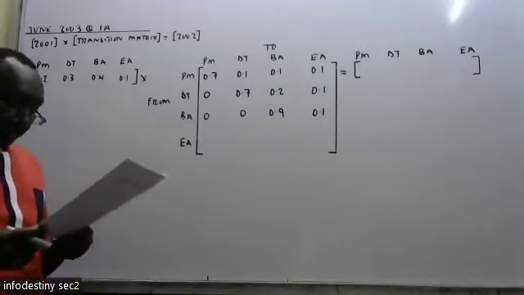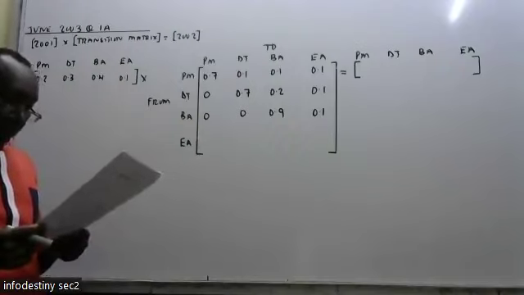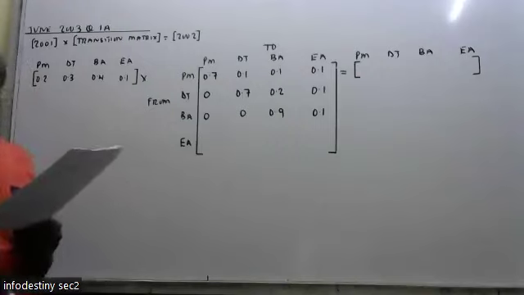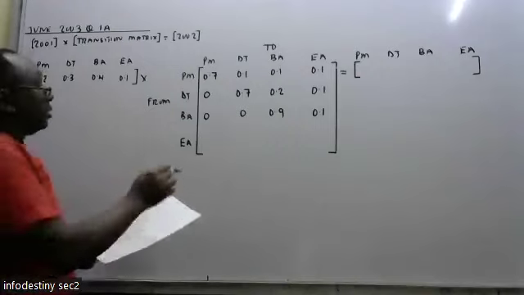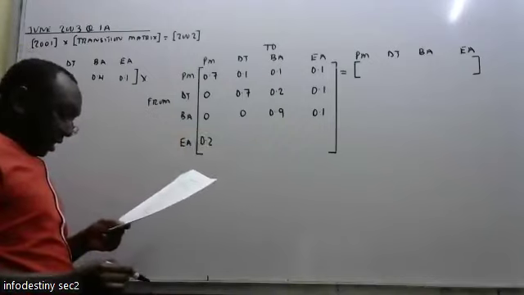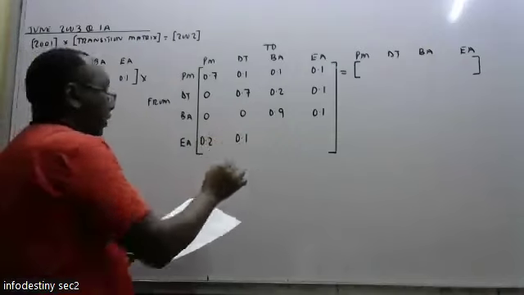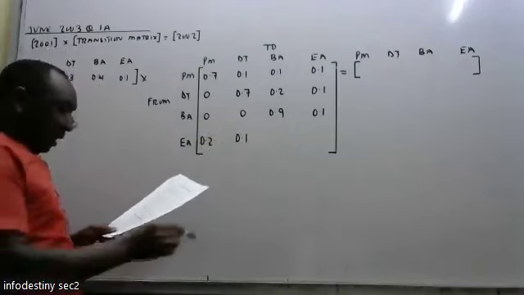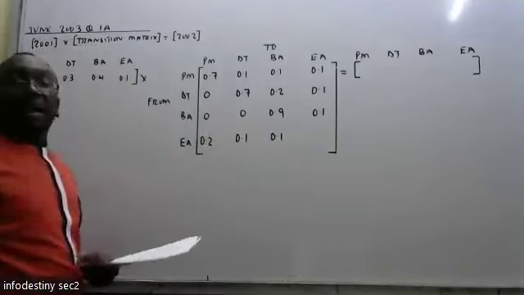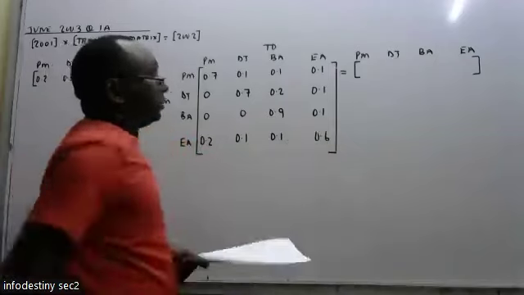And then, out of those which used EA, 20% switched to BM, so 20% came here. 10% went to BT, 0.1, and 0.1 here. So that means what was retained is 0.6.